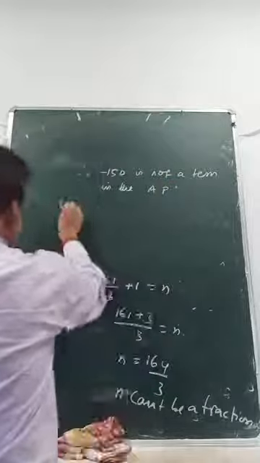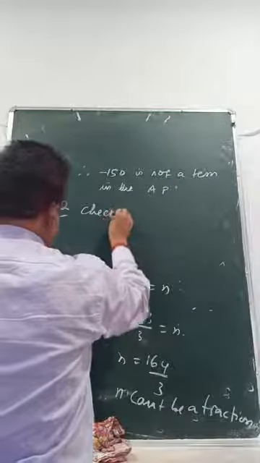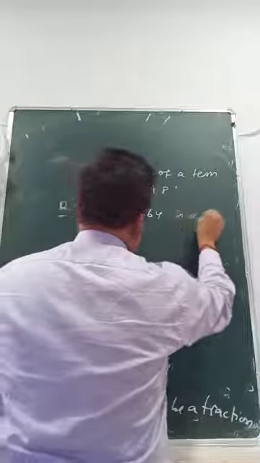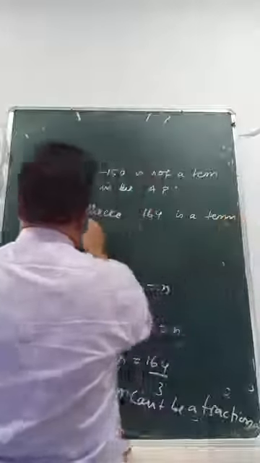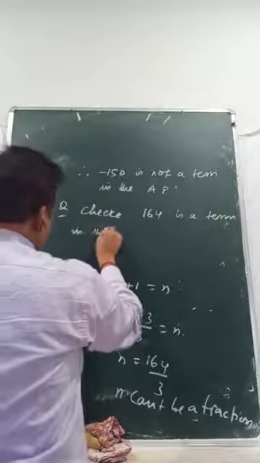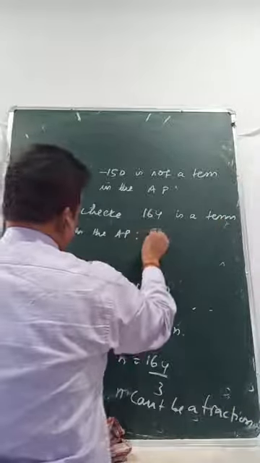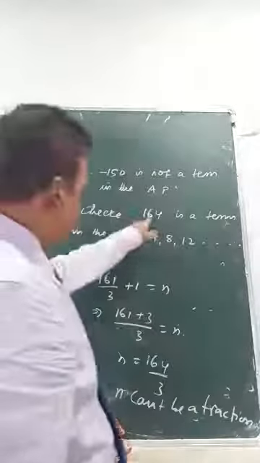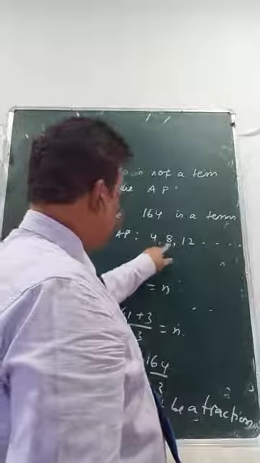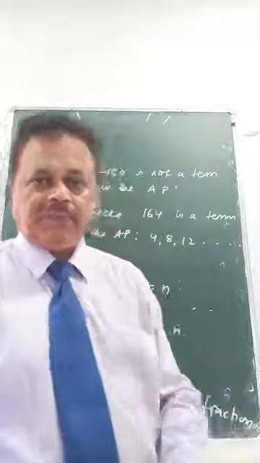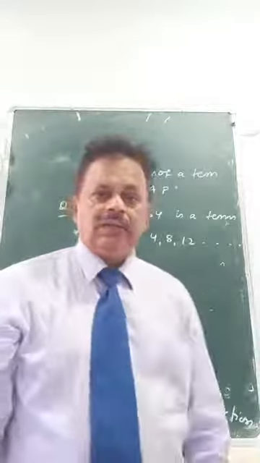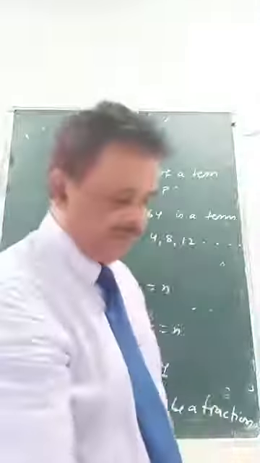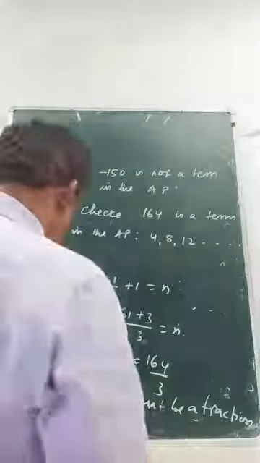Okay, you can try a question. Check whether 164 is a term in the AP 482, like this. Same method. This is A, this is D. If n becomes an integral number, then it is a term. If n is not an integral number, then this is not a term. Okay, this you can do.